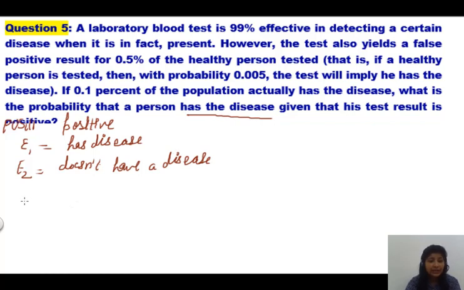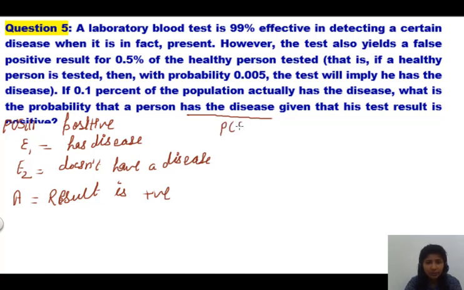Then what is the common event? If a healthy person is there, still the result may be positive, and if the person has the disease, then also we have been given the probability. A is the event that the result is positive.